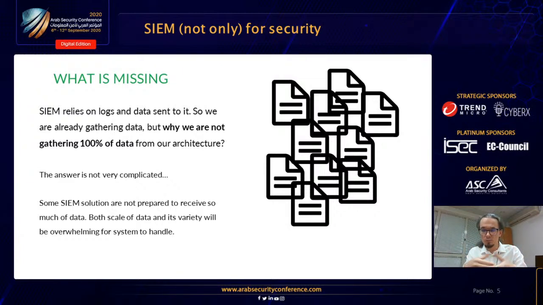And the question from our side is: if the system is already gathering data, why can't it gather the whole data, 100%? Why is it gathering only the security related data?